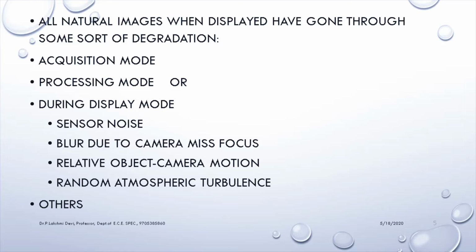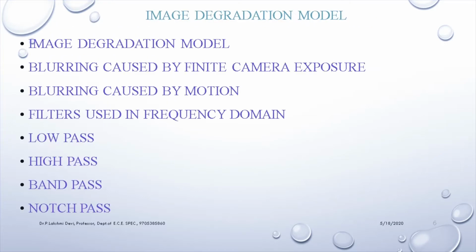During display mode also, noise is introduced due to sensor problems, blur due to camera lens misfocus, and relative motion between the object and camera, if it is not correct. Then random atmospheric turbulence, because of environmental problems, can also add noise to the images at the time of capturing.